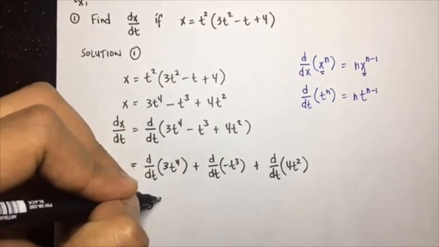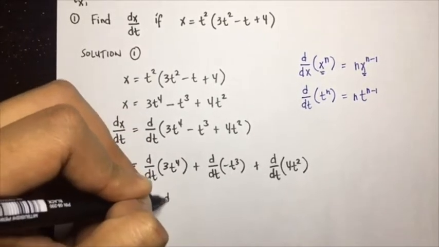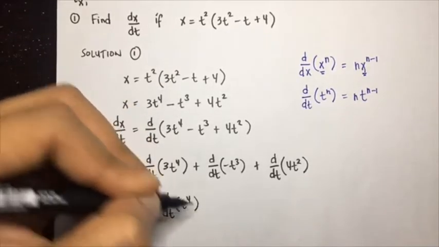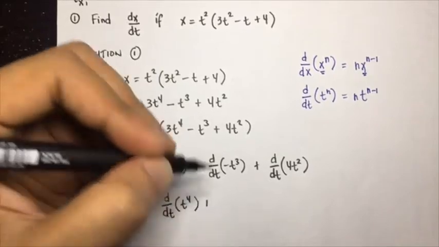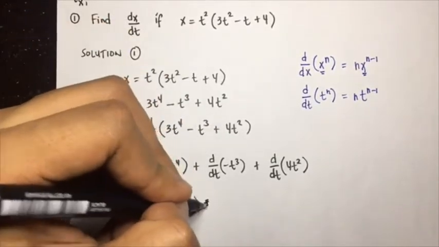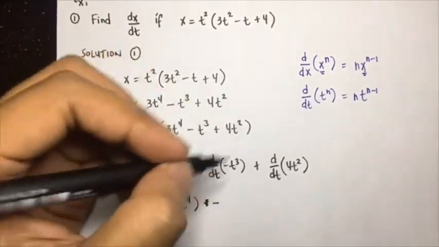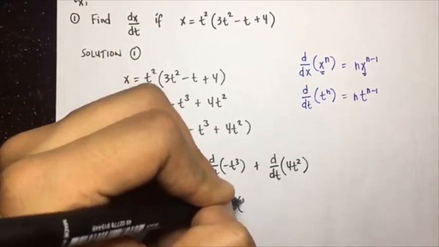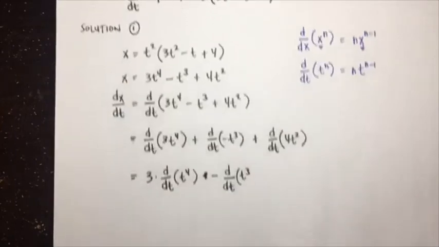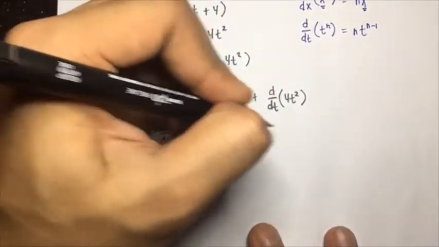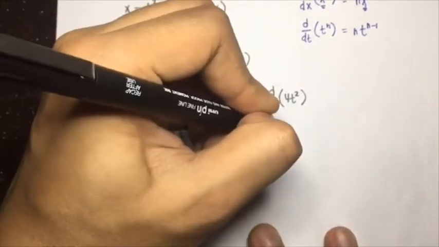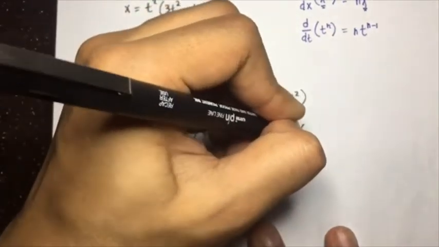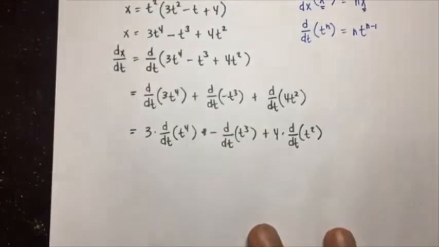So 3 multiplied by the derivative with respect to t of t to the power of 4, minus 1 times d over dt of t cubed, plus 4 times d over dt of t squared.